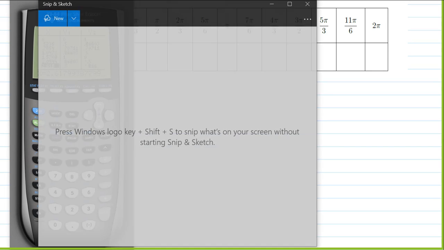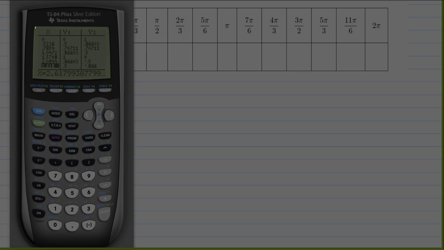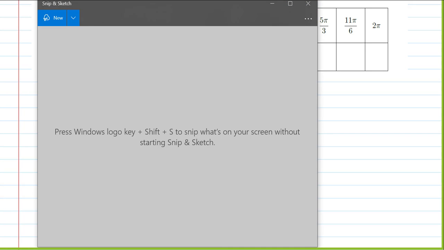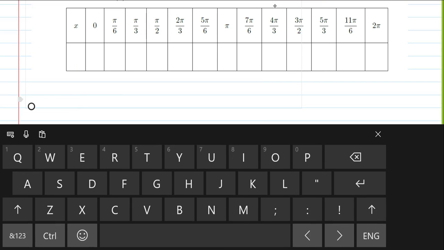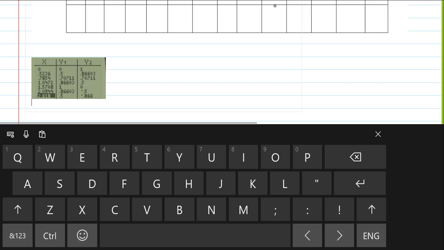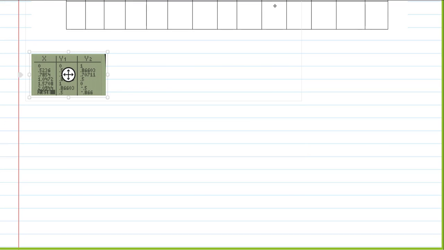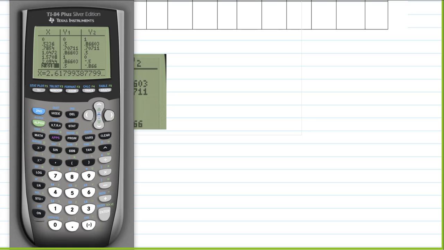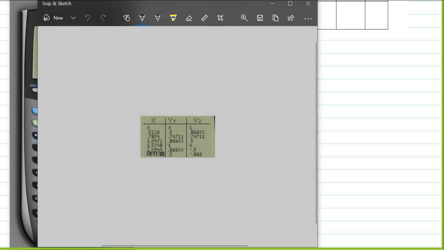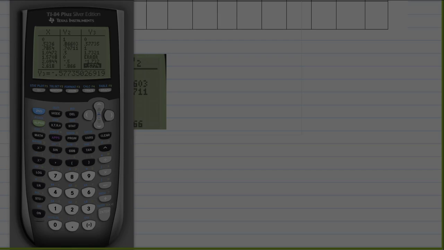All right, and that gives me one full screen. And scroll over, there's our y3s, which is the actual values of tangent that we wanted to calculate.